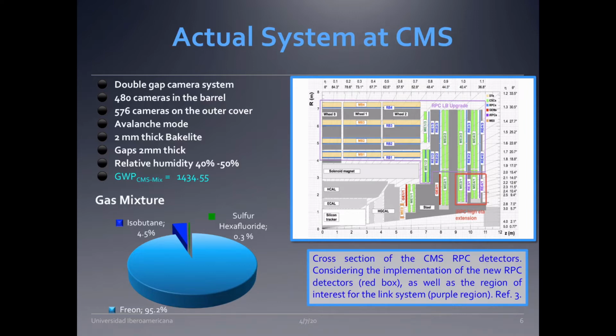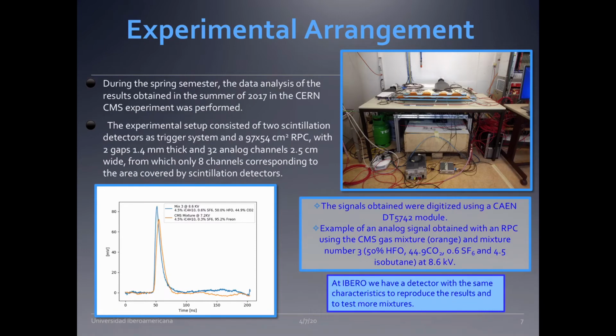The CMS gas mixture is composed of 4.5% isobutane, 0.3% SF6, and 95.2% freon. Data was obtained at GIF++, and the experimental setup was composed of two scintillator detectors as trigger and a double gap RPC where 8 channels were considered.